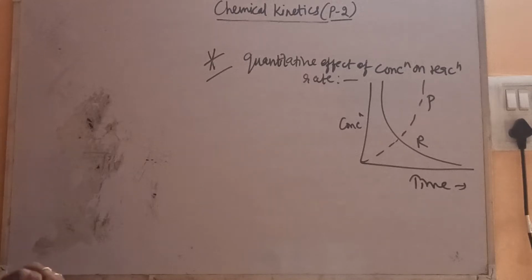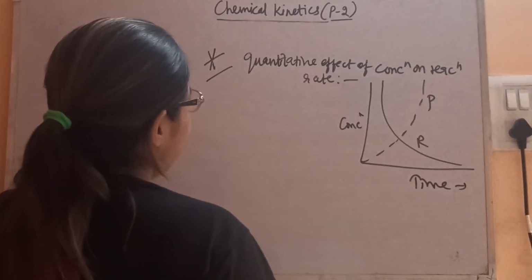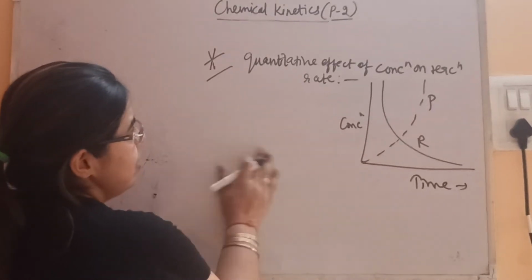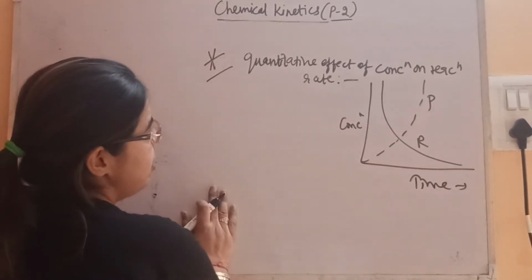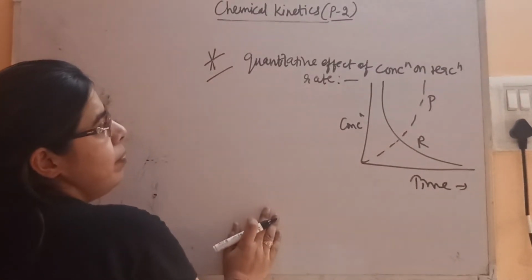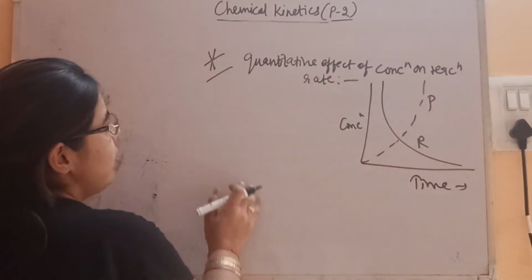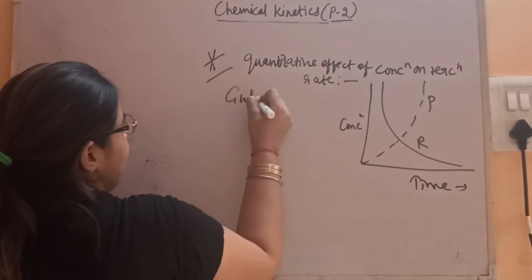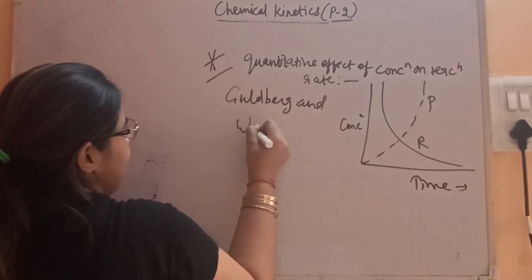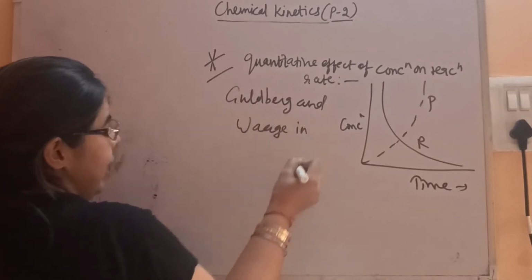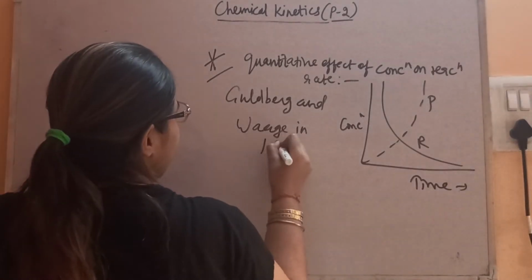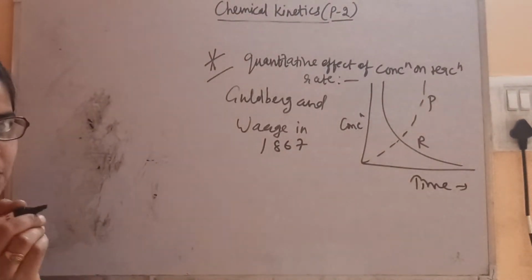Now this effect has been studied by two scientists and they have given the quantitative relation between the concentration and the reaction rate, that is Guldberg and Waage in 1867. This you have studied in equilibrium also.